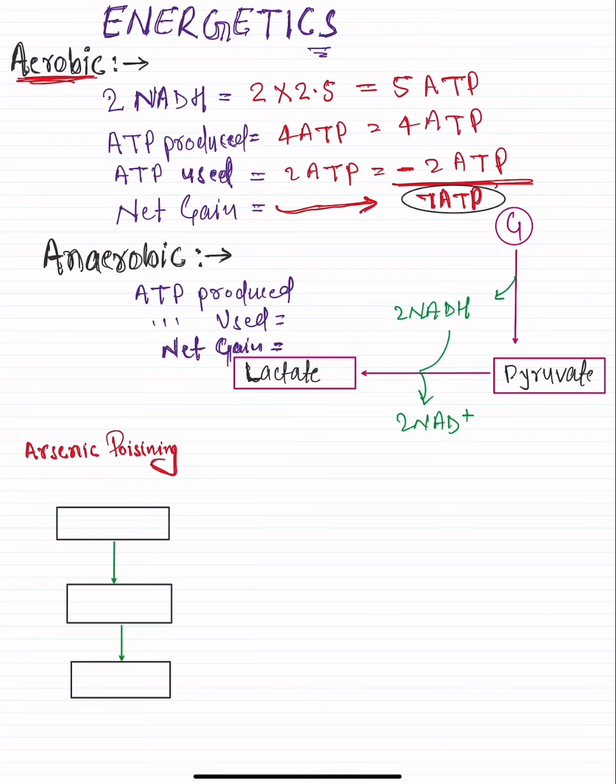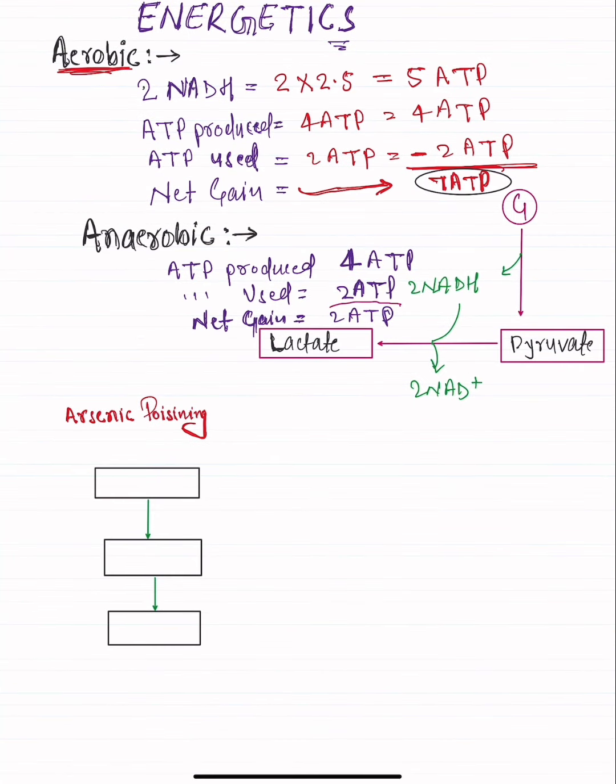In anaerobic condition, NADH will get used in the conversion of pyruvate to lactate. So there is no NADH. So ATP produced is 4 ATP, and ATP used 2, so net gain will be 2 ATP.